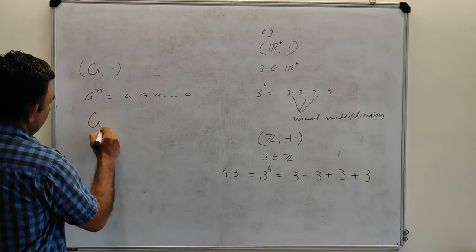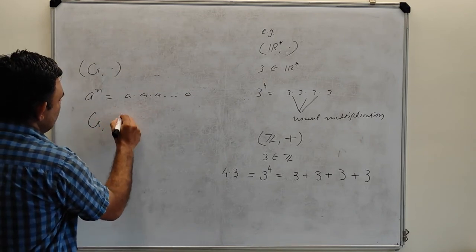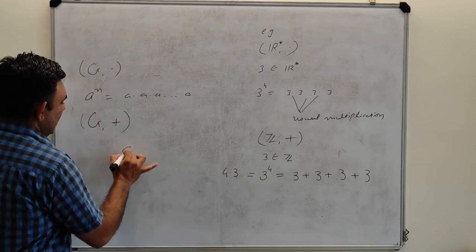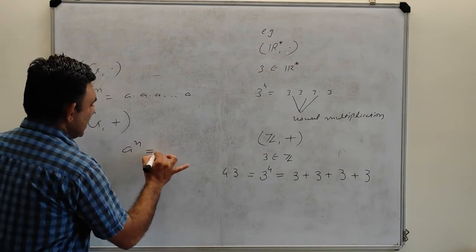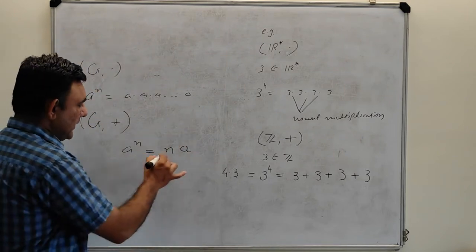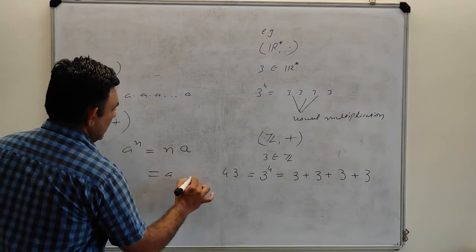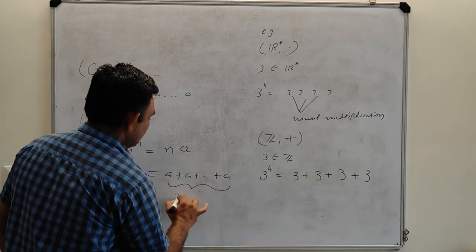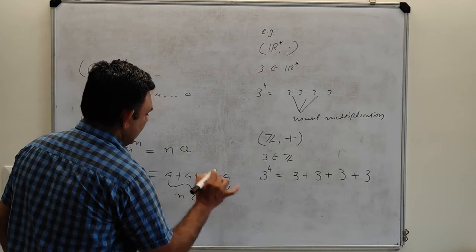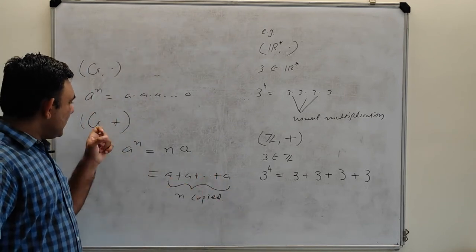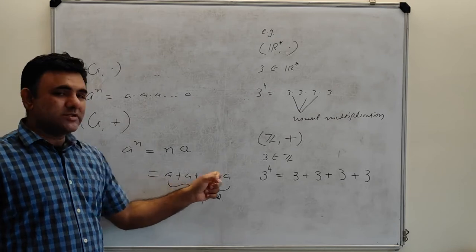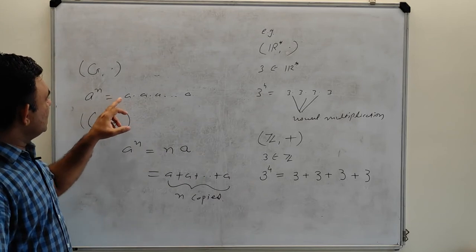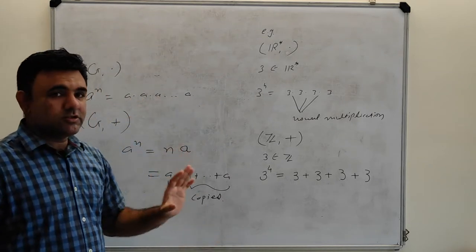But if we are working with a group G whose operation is of addition type, then instead of writing a raised to n, we write na, and na means a plus a plus and so on plus a, n copies or n times. So whenever the group is of addition type, na means a plus a, n times, and when the group has an operation of multiplication type, it is a dot a dot a dot a. These are just notations.